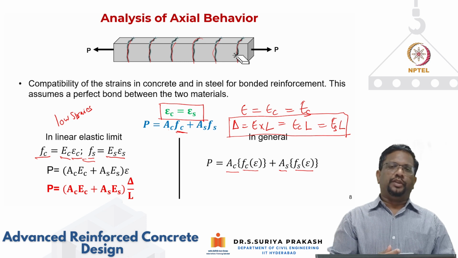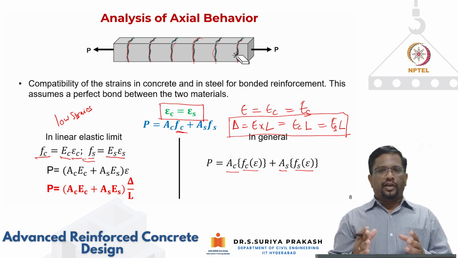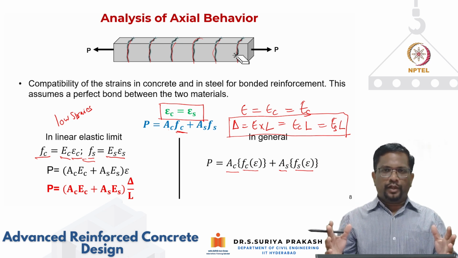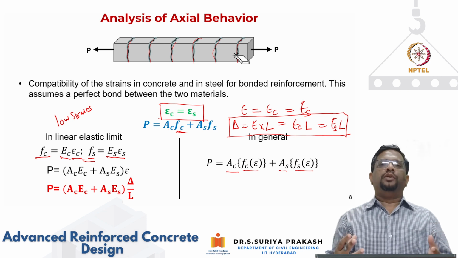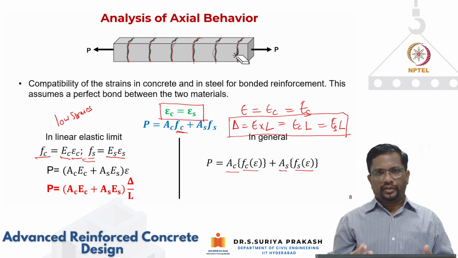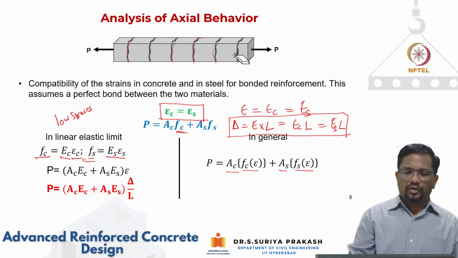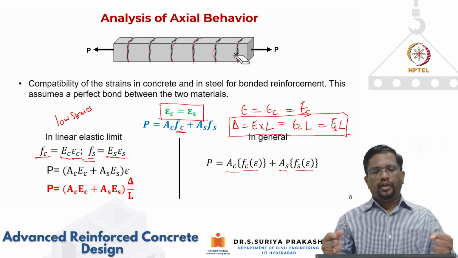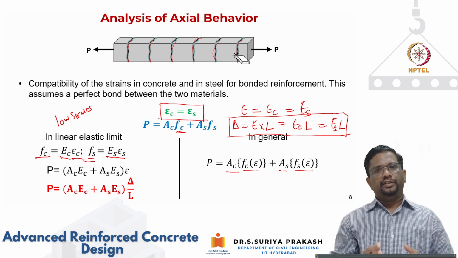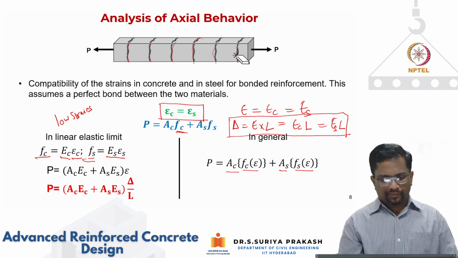We have discussed in the material chapter, there is a phenomenon called tension stiffening. Okay, so at the crack location, only steel is taking the load, but between the cracks, the concrete is also resisting some level of applied tension. However, for the global calculations in a simplified manner, we are saying that the average strains are the same in both concrete and steel, in an average sense.